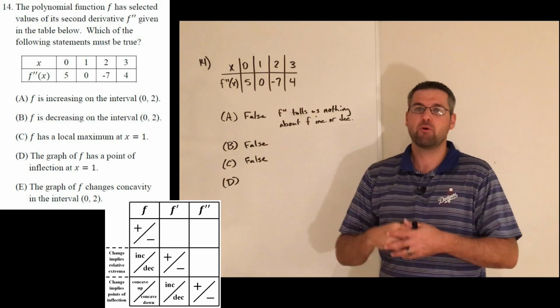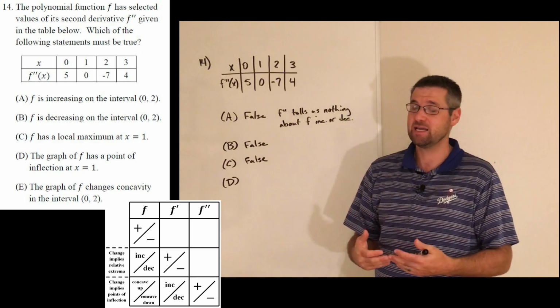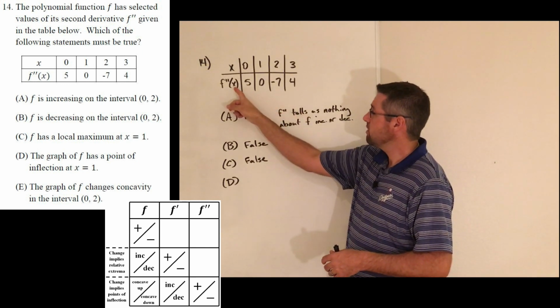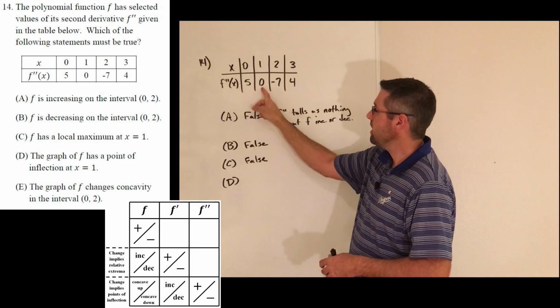But remember, a point of inflection requires that f double prime changes signs. Maybe it didn't change signs at x equals 1.